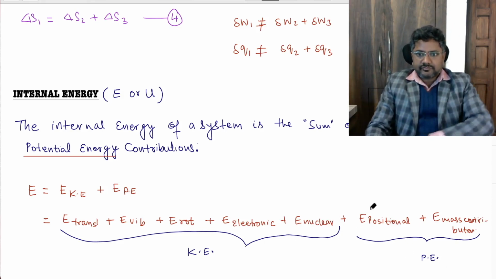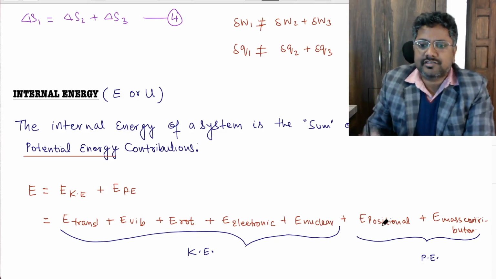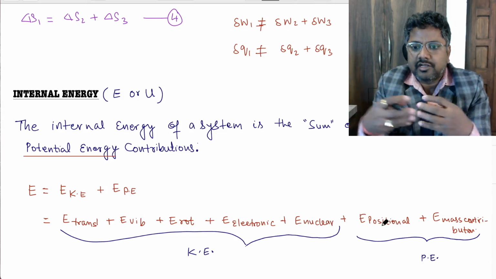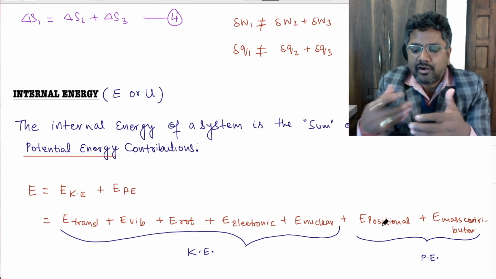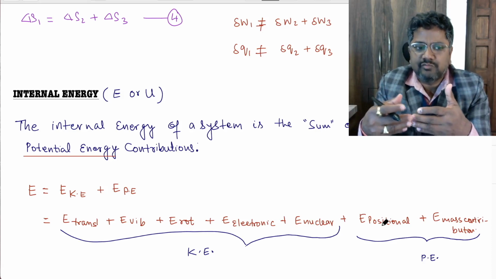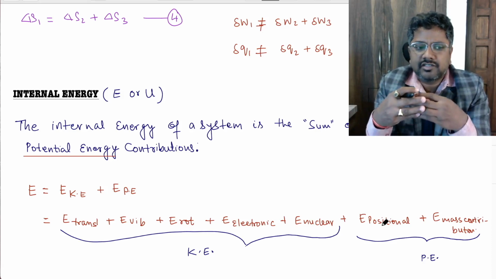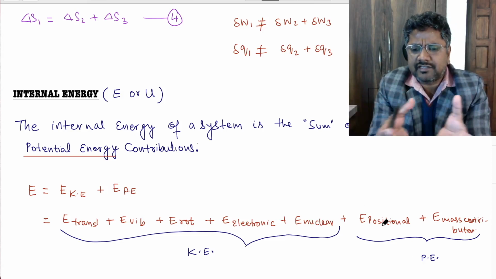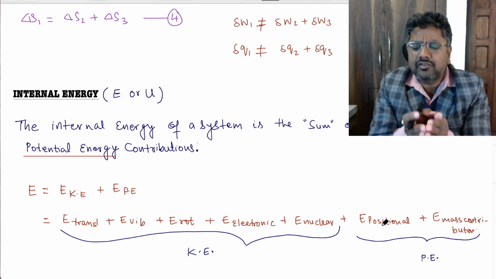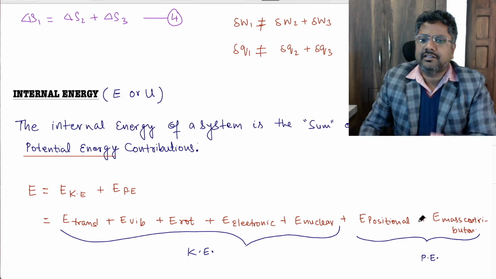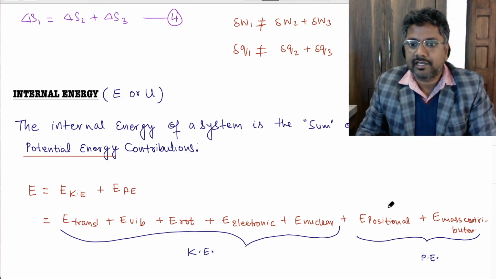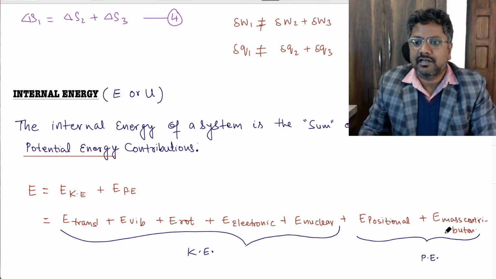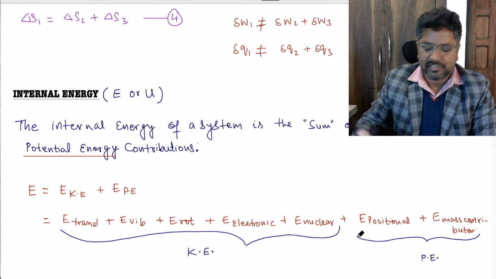See, this positional includes the intermolecular, means molecule to molecule, energy, bond energy, and binding energy. All these types of energies which are associated with molecule formation are included in this positional. So I have taken a broader term here. All these are kinetic, and this is the potential energy, right?